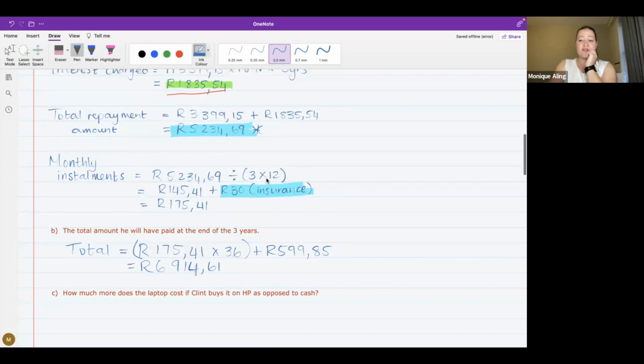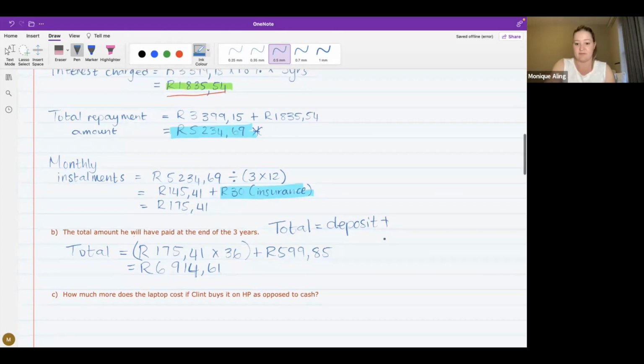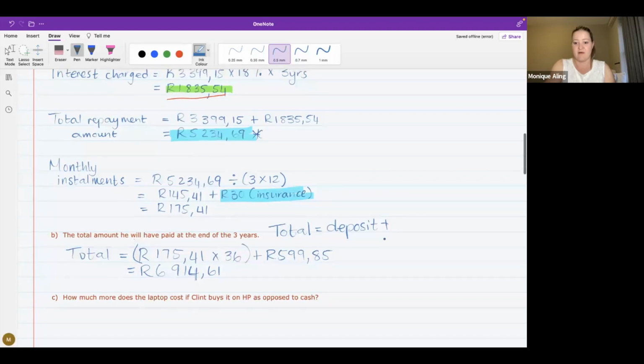Okay. So you'll see with hire purchase, they ask the same questions over and over again. They're going to ask you about monthly installments. They're going to ask you about the total amount. Total paid. Do not forget about the deposit. So total will be your deposits plus your monthly installments.